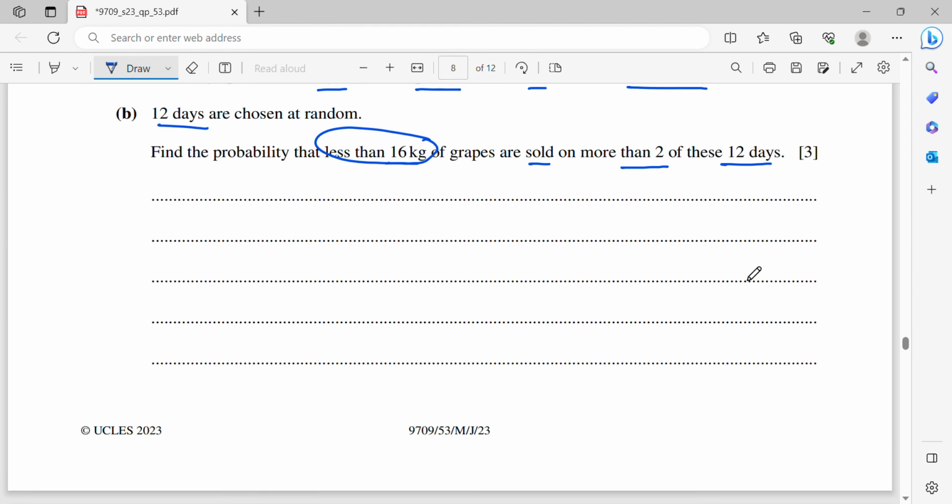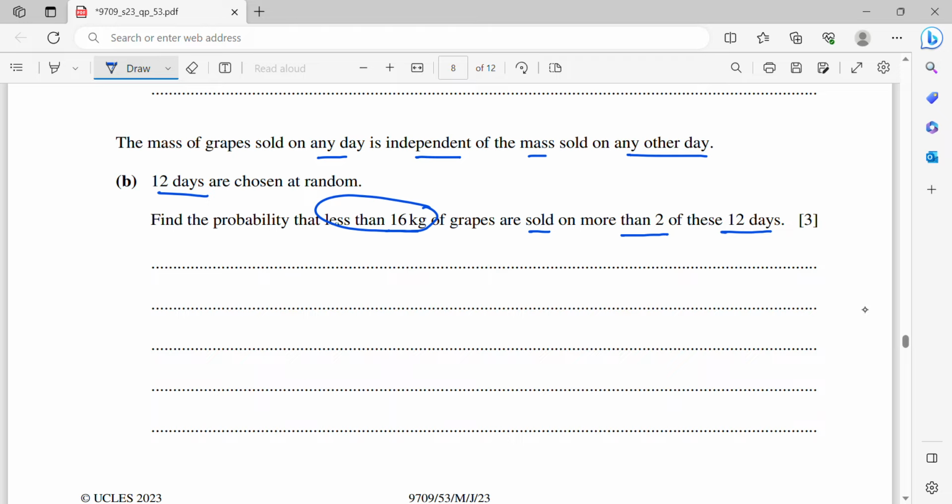So I know that this is going to be binomial because now you consider the days. Alright, so I don't want to use x because just now x was for the mass. So now your Y is binomial, n is 12, then the probability of getting this is 0.1, which is given in part A.